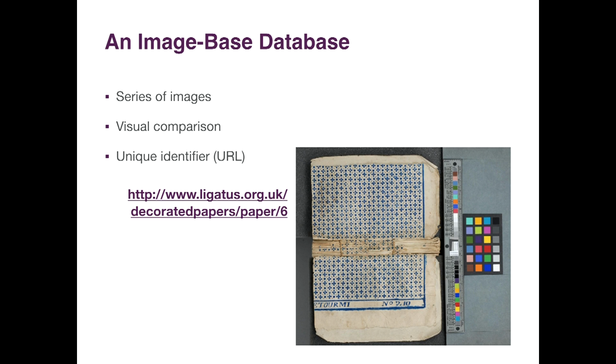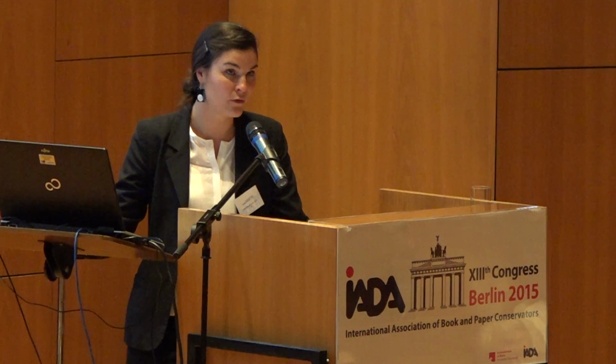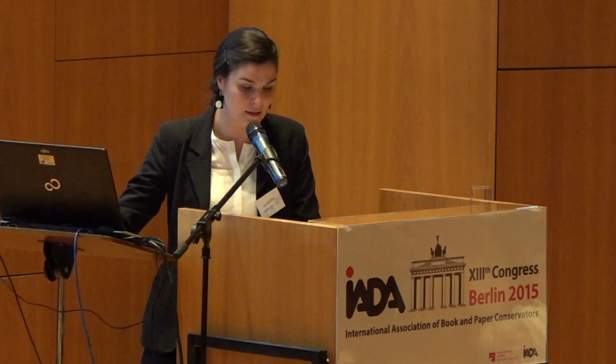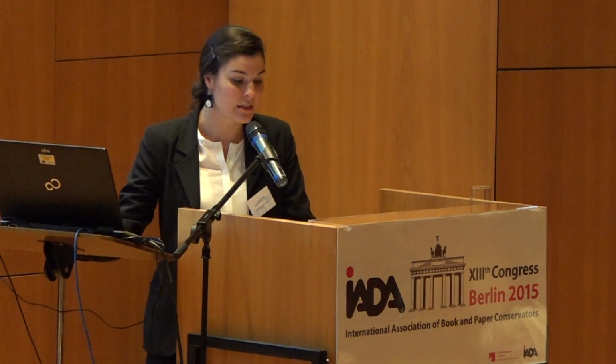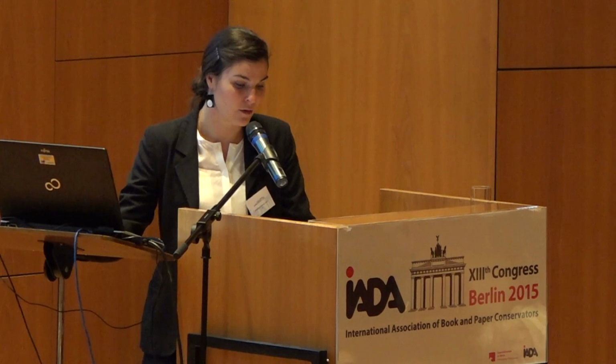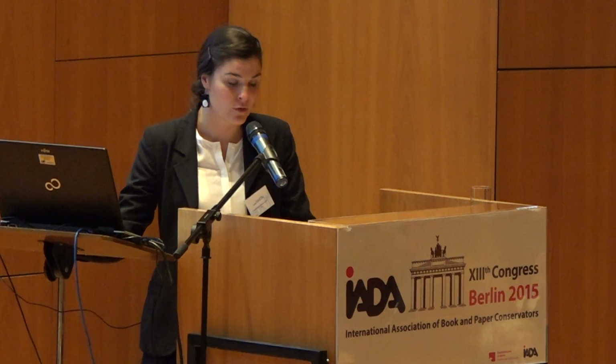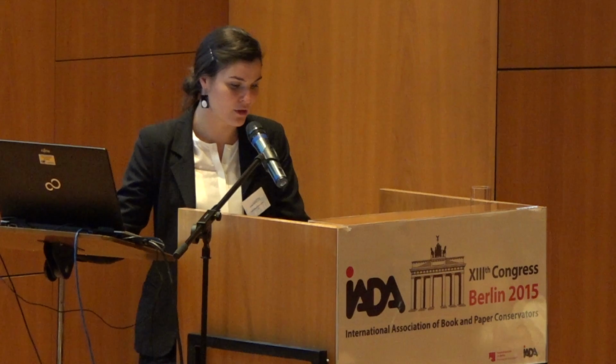Each paper is given a unique reference in the database, which is the URL, or web address, Uniform Resource Locator, as you can see next to the paper. And users can then simply refer to it in their own records to indicate a close match, or use the terms we have used to describe it and guide their description.